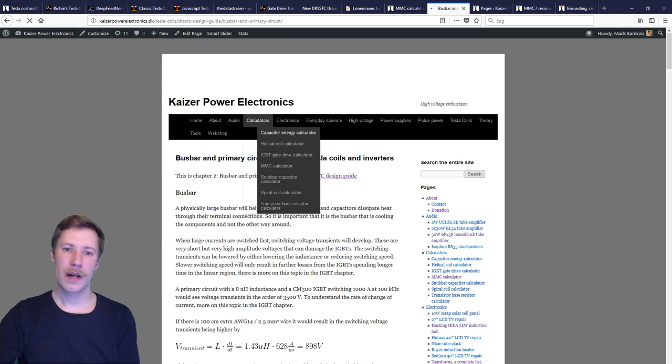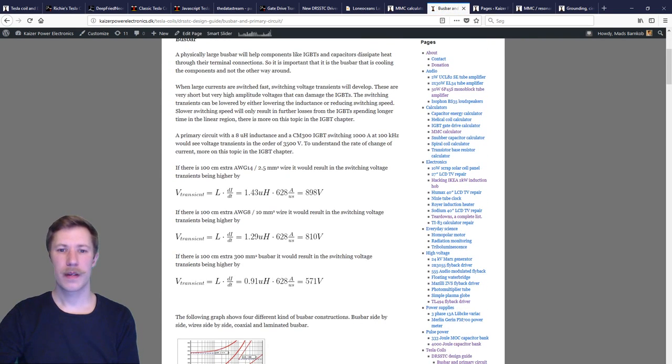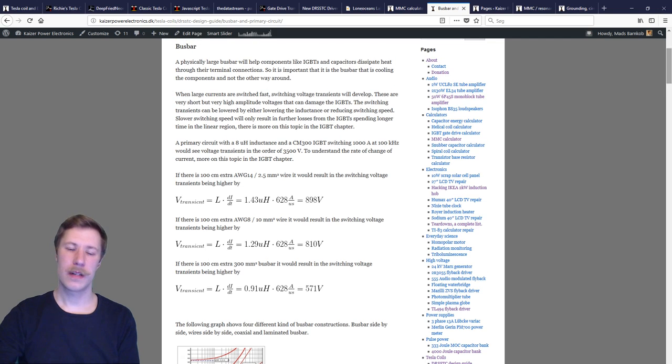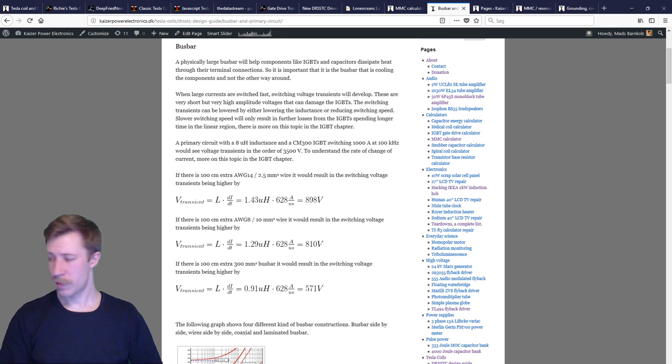In the bus bar and primary circuit chapter, it's much about the inductances, whereas, as I mentioned so many times today, even current paths, as low inductance as possible, because when we force 2000 amperes through a certain amount of inductance, we will have a voltage spike develop over this inductance.